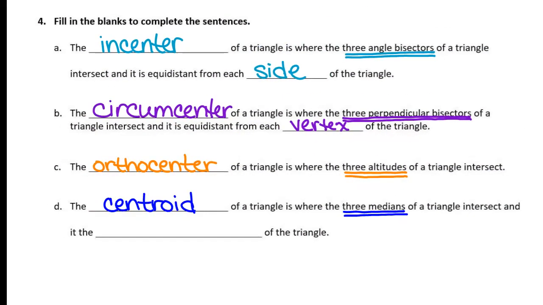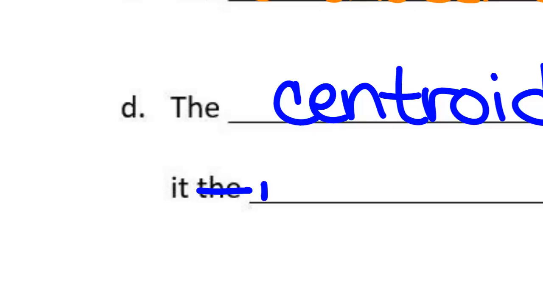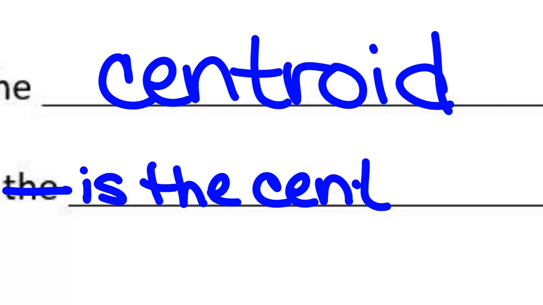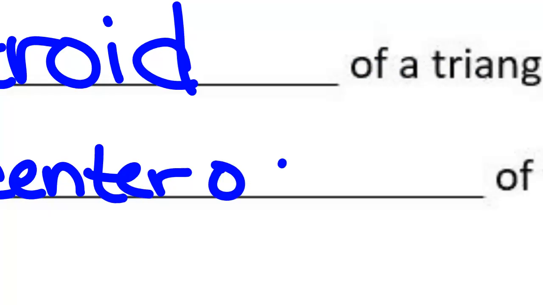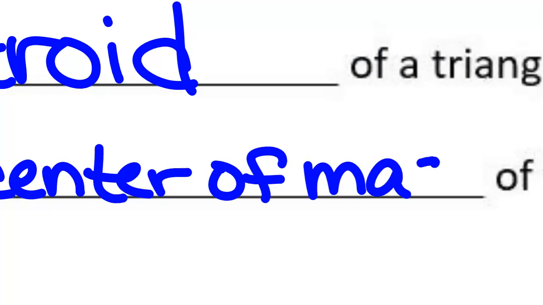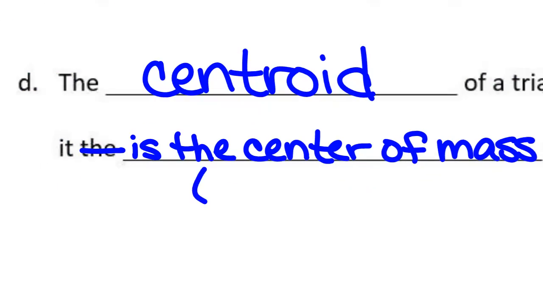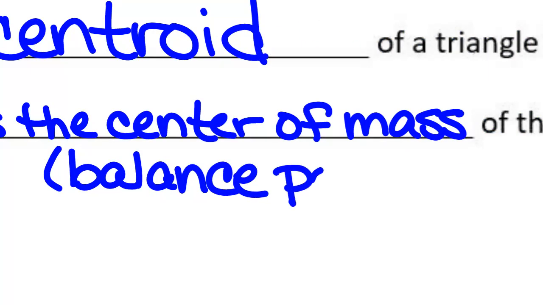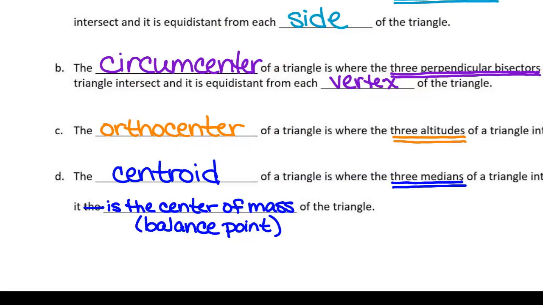The centroid is the center of mass, the balance point. If you find the centroid of a triangle, you can balance it on the tip of a pen. The perfect balance point.